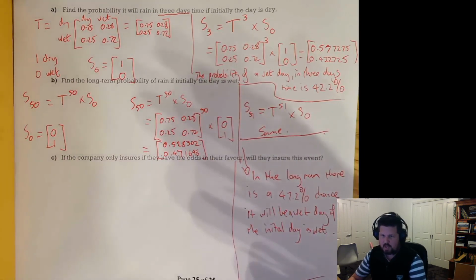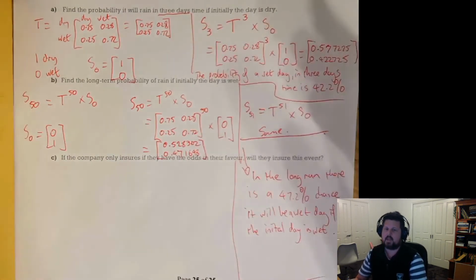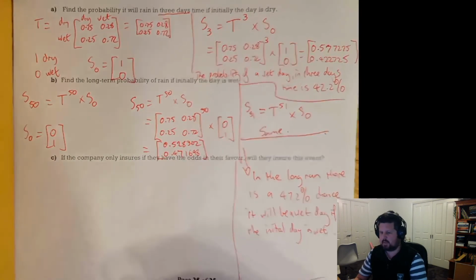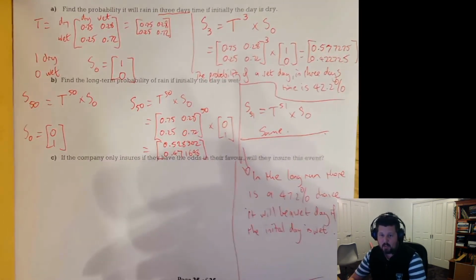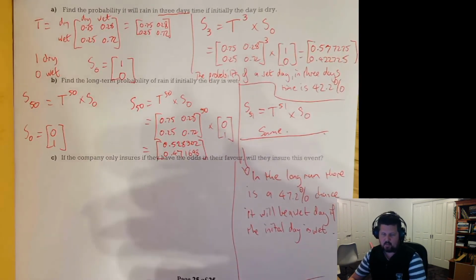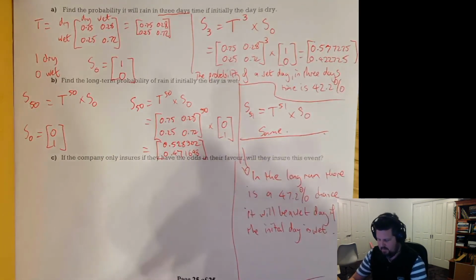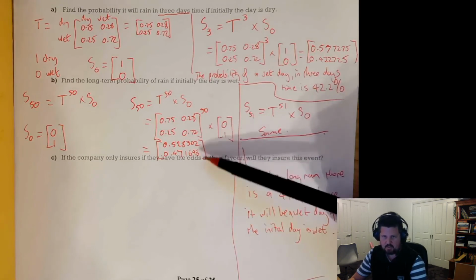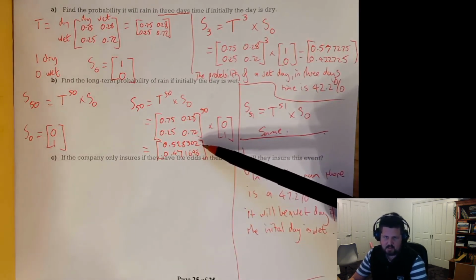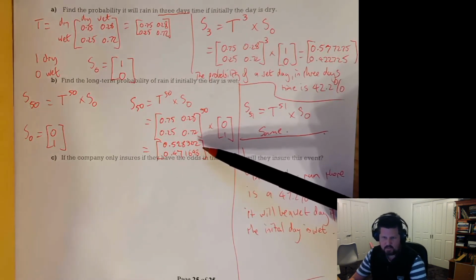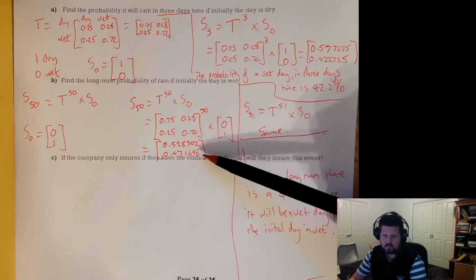That is, it's not going to rain, it's not going to be rained out. So what they're looking for is in the long term that the chances of it being dry are greater than it being wet. And so what you can see here from our long-term calculations with the steady state, there was 52.8% chance of it being dry in the long run and 47.2% of it being wet in the long run.